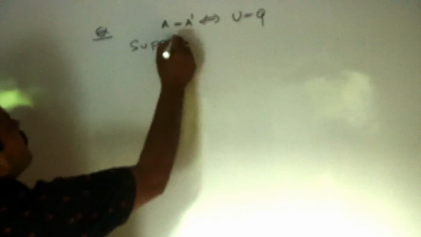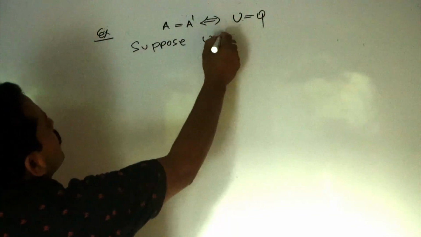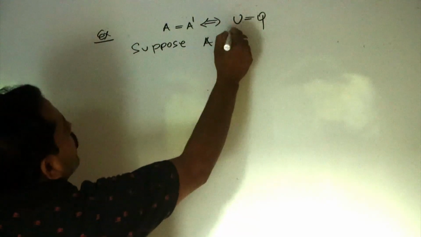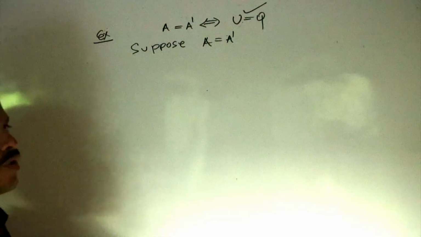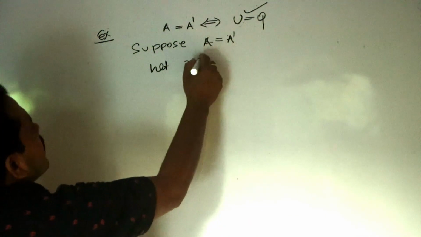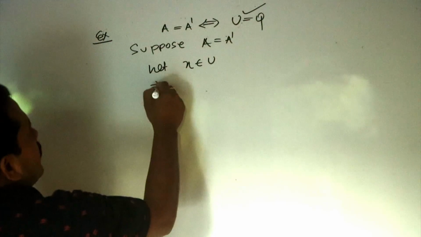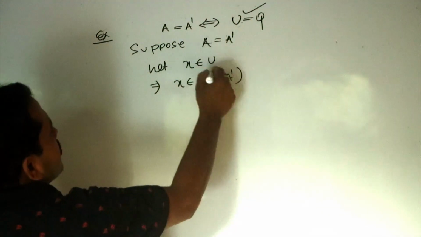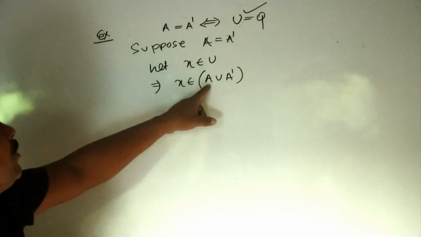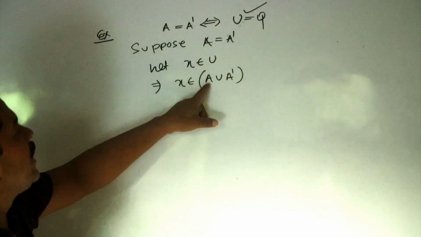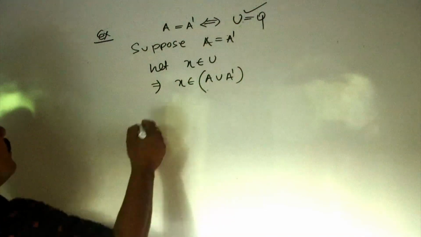Suppose A equals A dash. We have to prove U equals phi. Let x belong to U. This implies x belongs to A union A dash, because we know that A union A dash is equal to U. So instead of U, we write A union A dash.